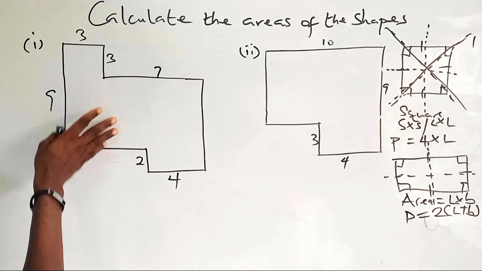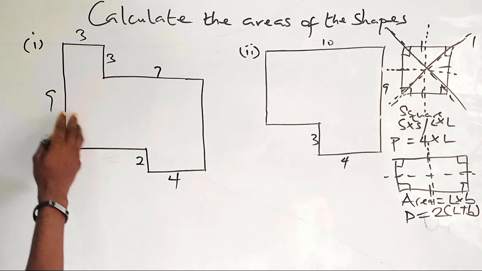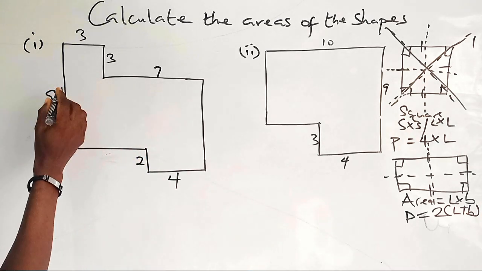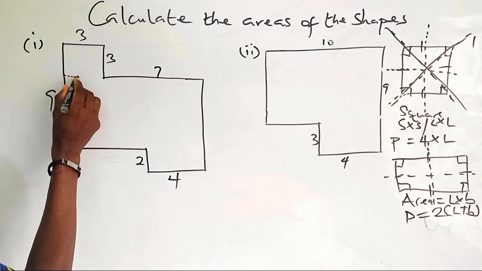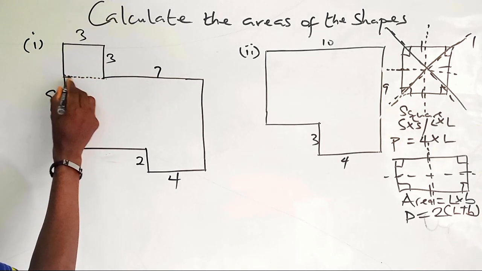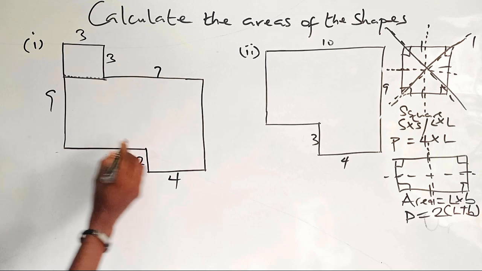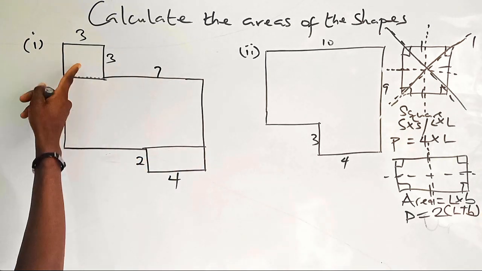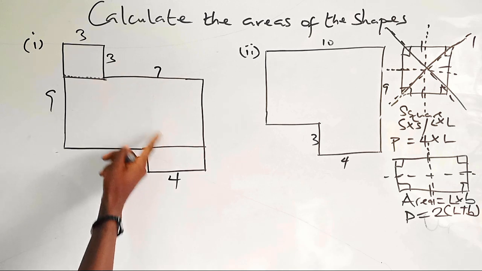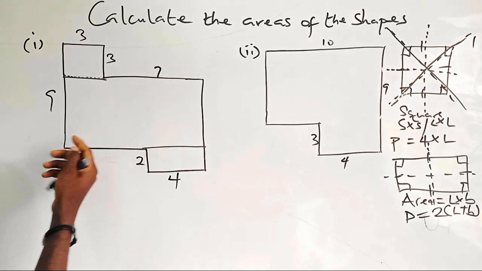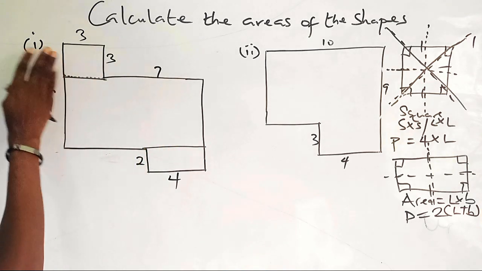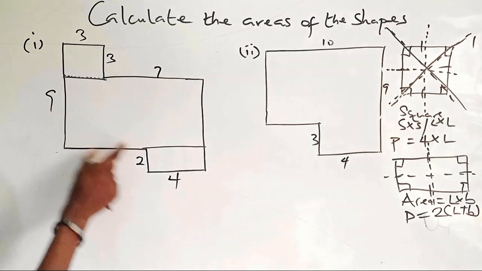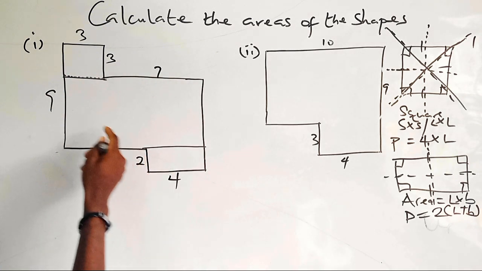When we look at this, it is a combination of a square and rectangles. So I bring a line to split this, and I can decide to split it here as well. I've split this into a square and two rectangles. These are the rectangles, so I have to calculate the area of each shape individually.